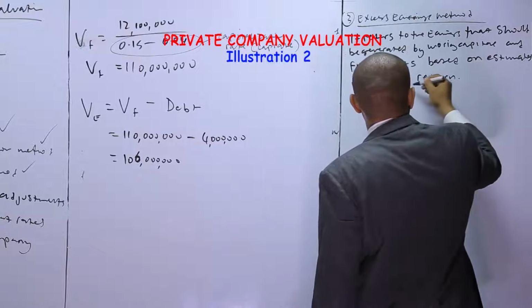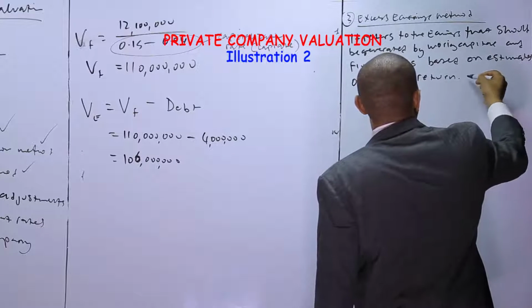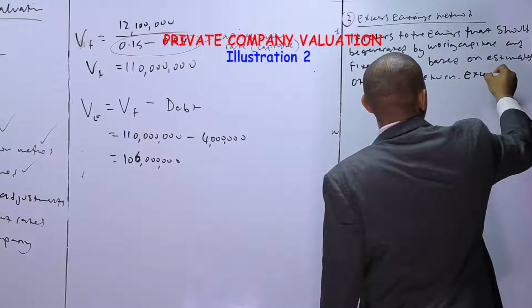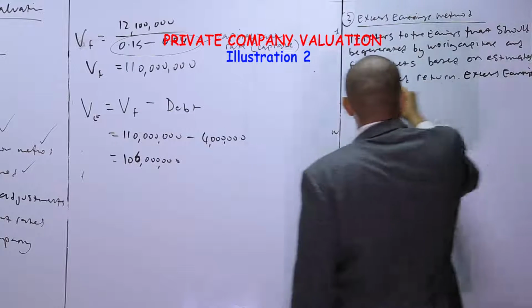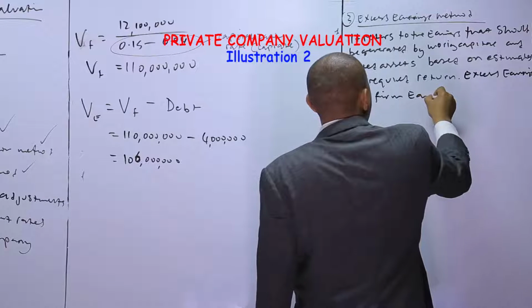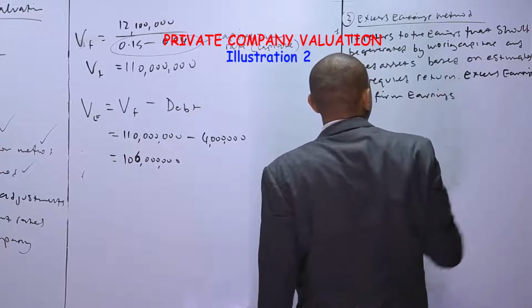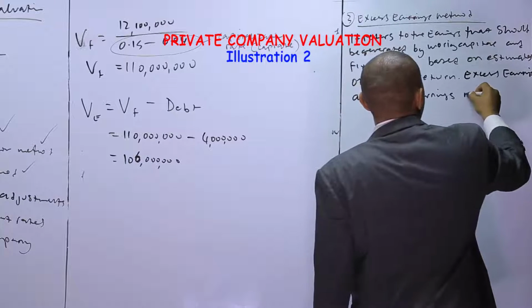We continue and say this: excess earnings are firm earnings minus earnings required.